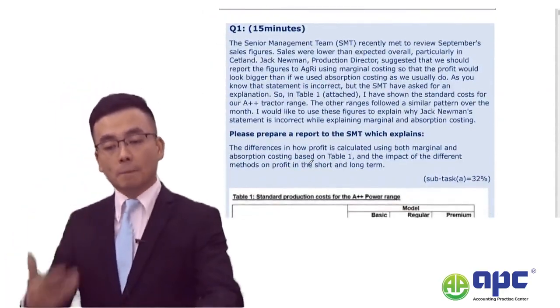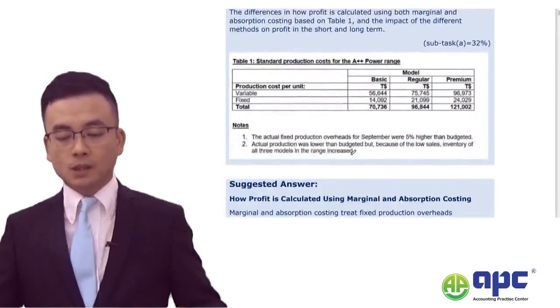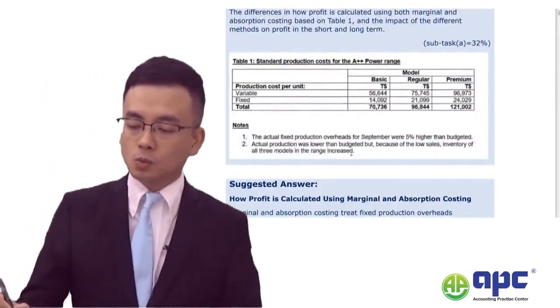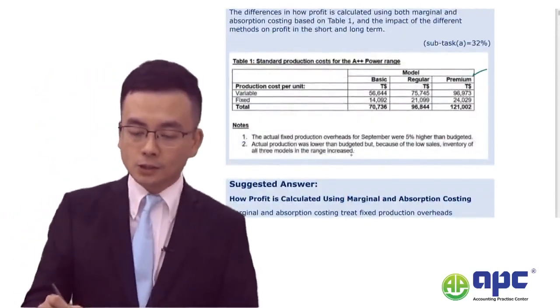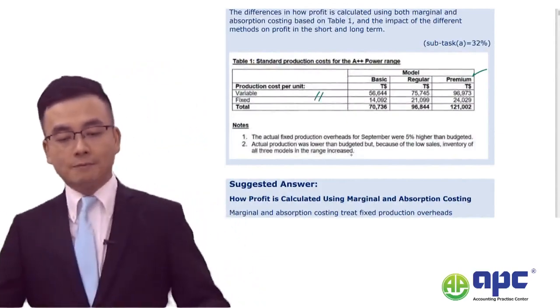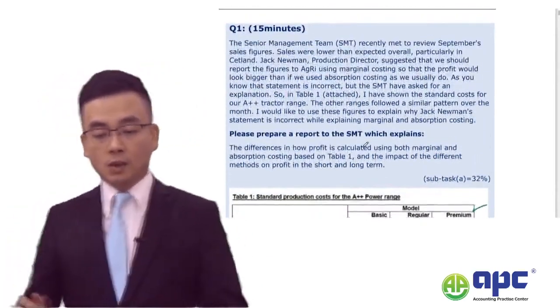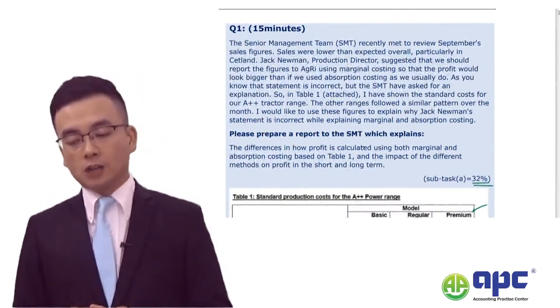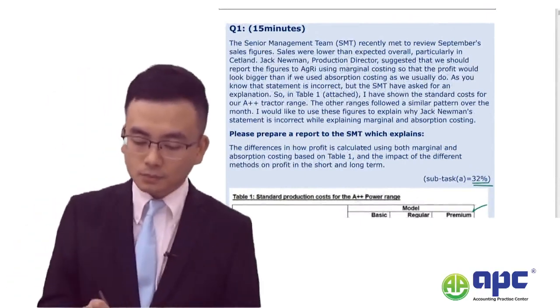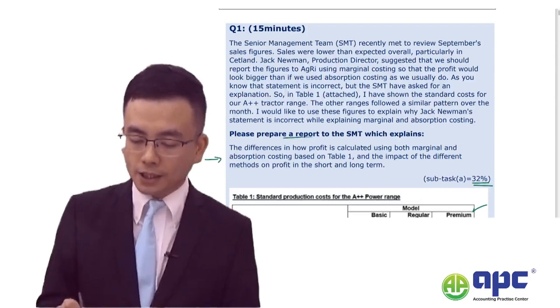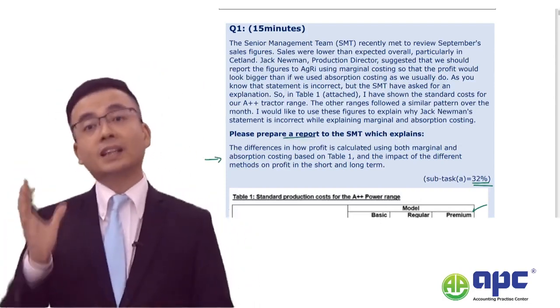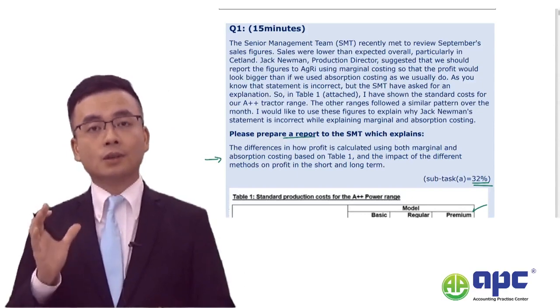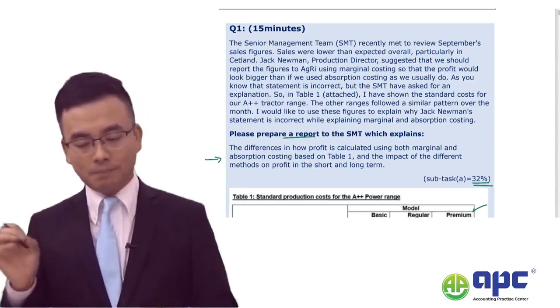Now, from the past exam, for example, you can see that we have got different products split into variable and fixed, and we are required 32% for the subtask A, preparing a report, and you can completely ignore the format stuff in this exam.